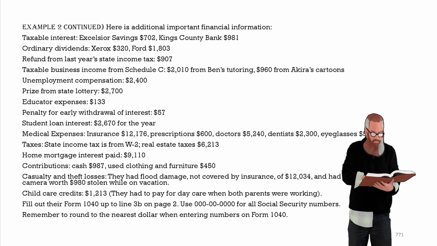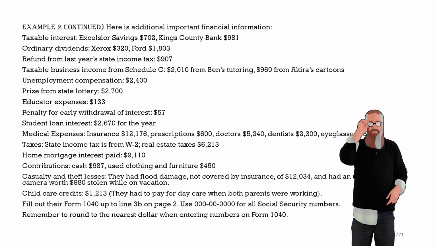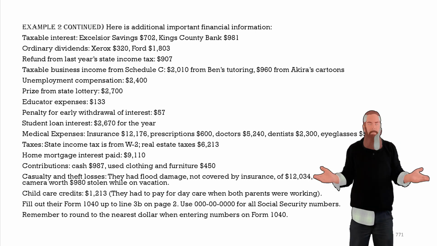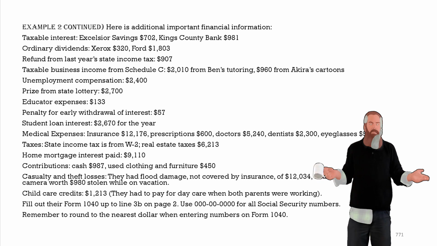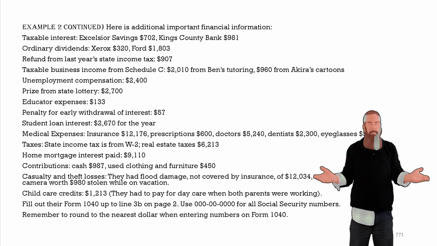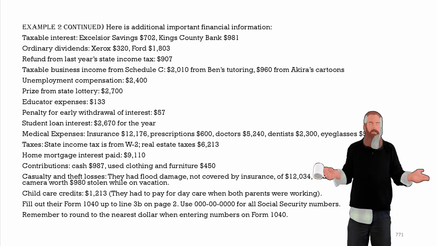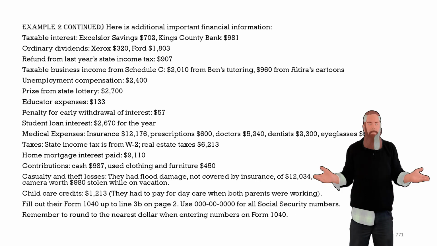Medical expenses, insurance of $12,176, prescription $600, doctors $5,240, dentist $2,300, eyeglasses $510. For taxes, the state income tax is from the W-2. The real estate tax is $6,213. The home mortgage interest paid is $9,110.